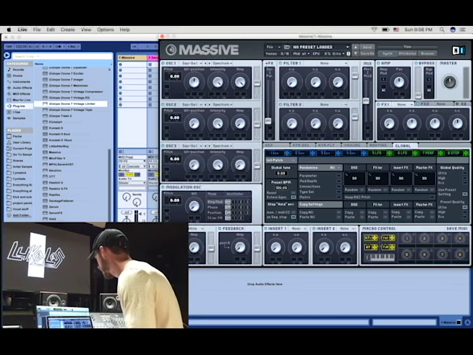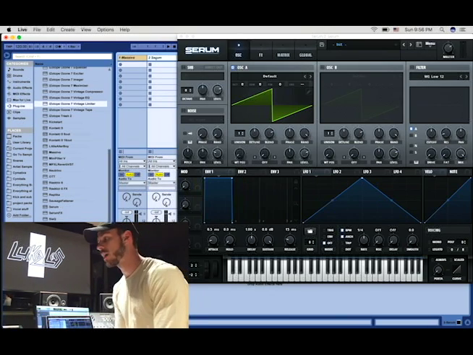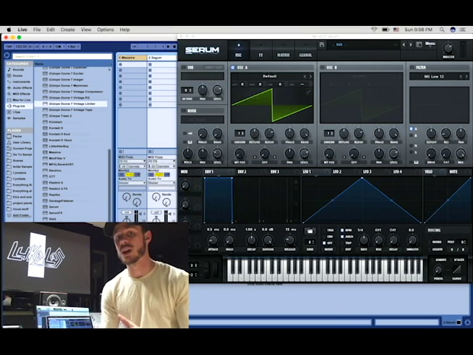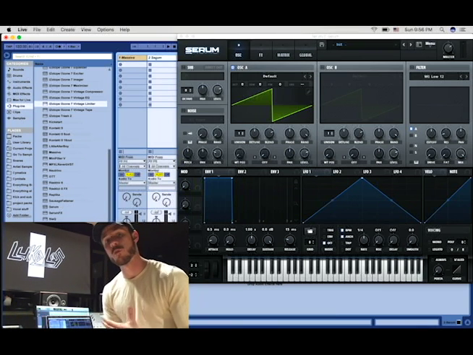Now that being said, the next thing that we have is Serum, which is another wavetable synthesizer. Now this one is the newest guy on the market that everybody wants to get their hands on, and for good reason. Not only does this also sound really good, but it is so user friendly and you can do so much with it.